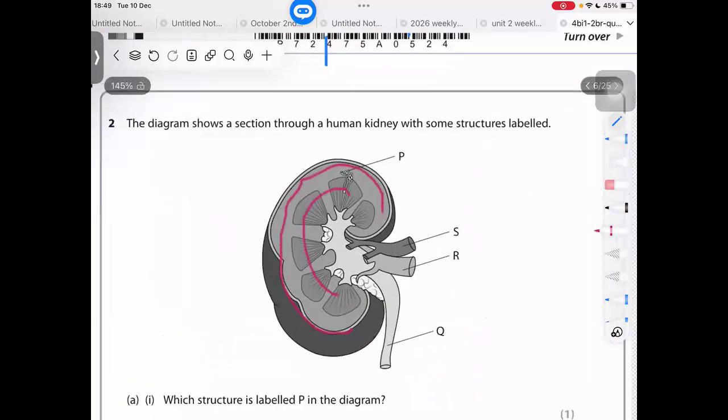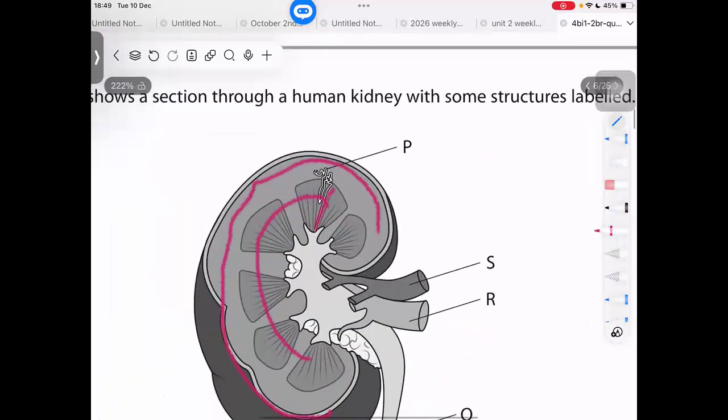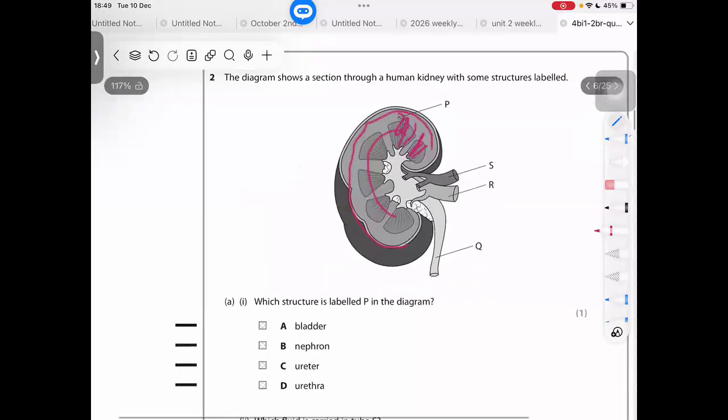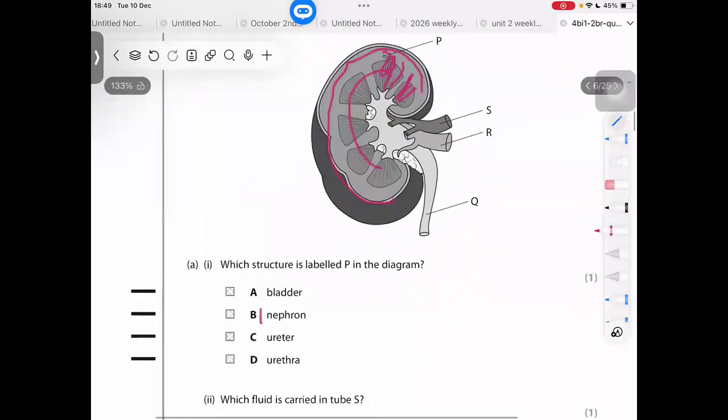You can see there are tiny tubules like this. Inside these tubules, our blood is filtered, or the ultrafiltration process takes place, and these tubules are called nephrons, right?